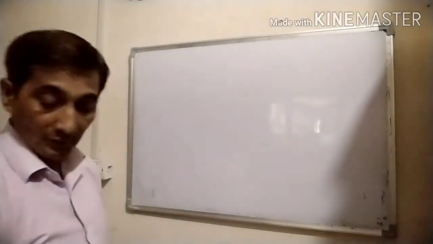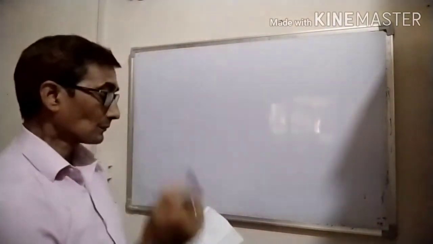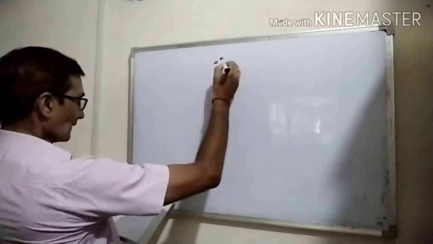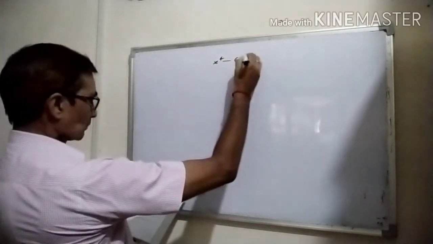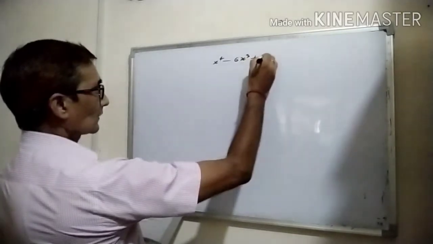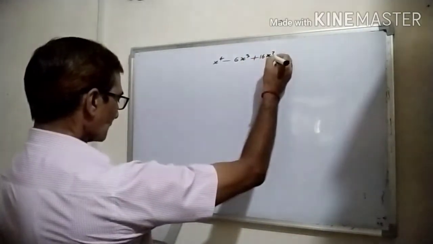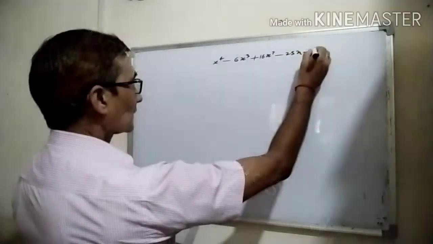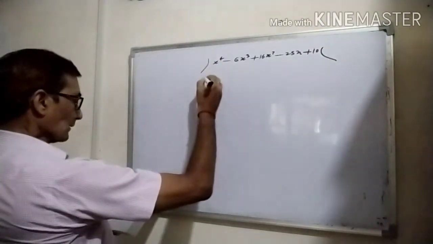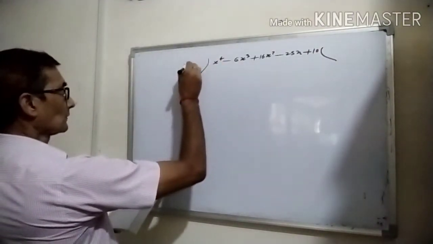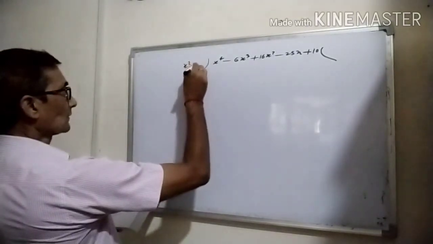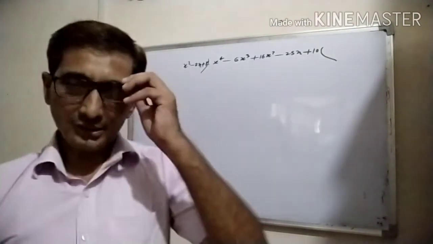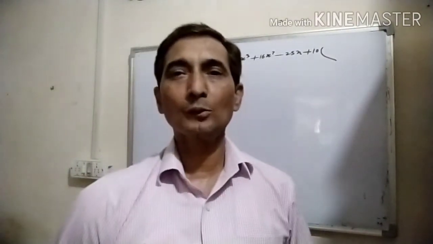We are going to divide x to the power 4 minus 6x cube plus 16x square minus 25x plus 10 divided by x square minus 2x plus k. The question is that if the remainder is x plus a, then find the value of a and k.